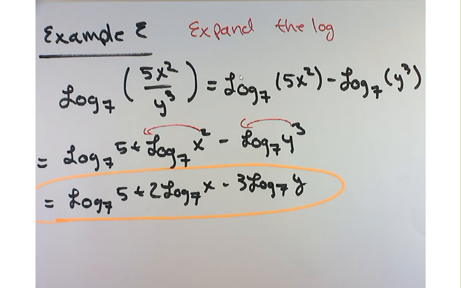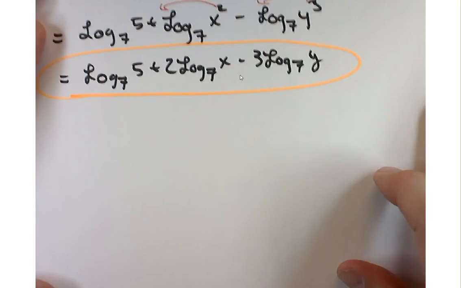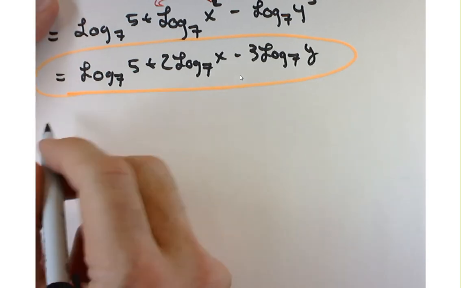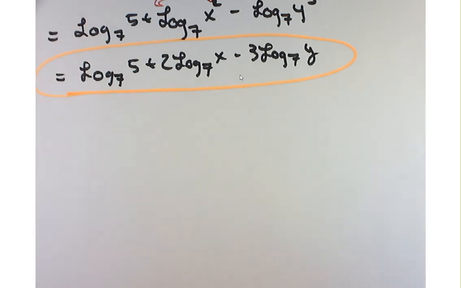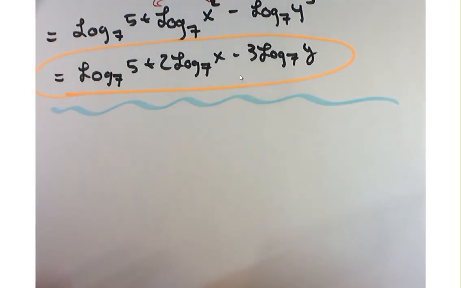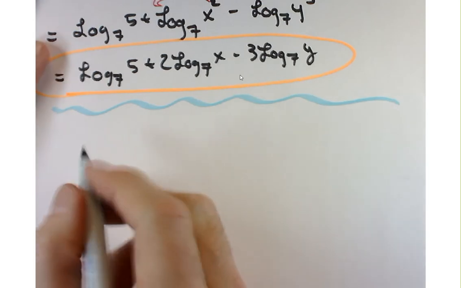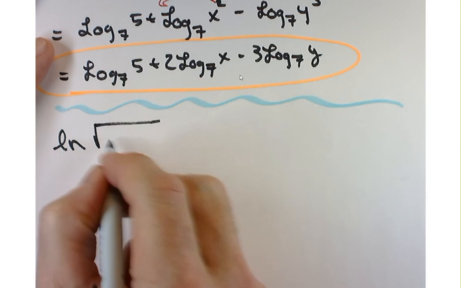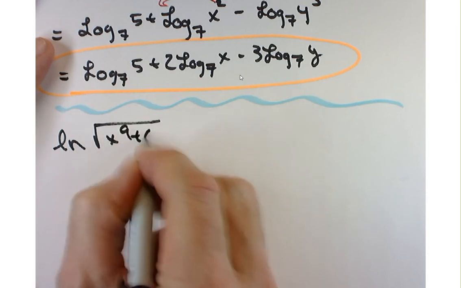Let's try another one like that, actually 2 more like that. I'll still regard this as part of example E here. Let me start with this one. ln of the square root of x to the 9th plus 6.